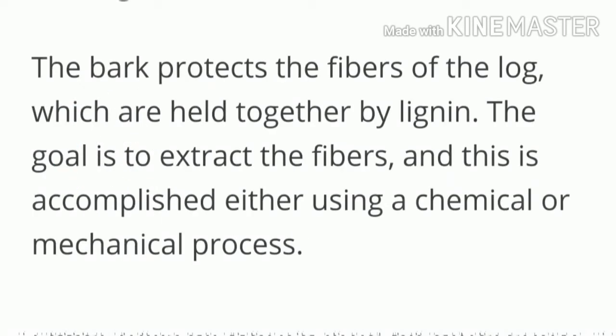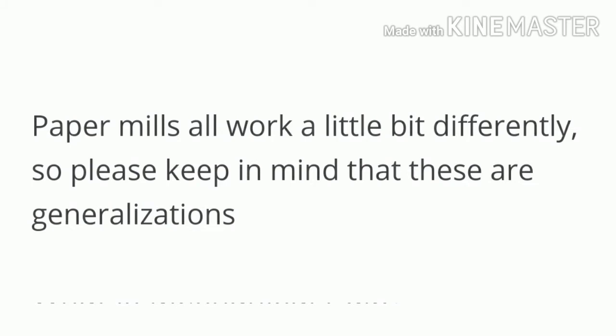The bark protects the fibers of the log, which are held together by lignin. The goal is to extract the fibers, and this is accomplished using either a chemical or mechanical process. Paper mills all work a little bit differently, so please keep in mind that these are generalizations.